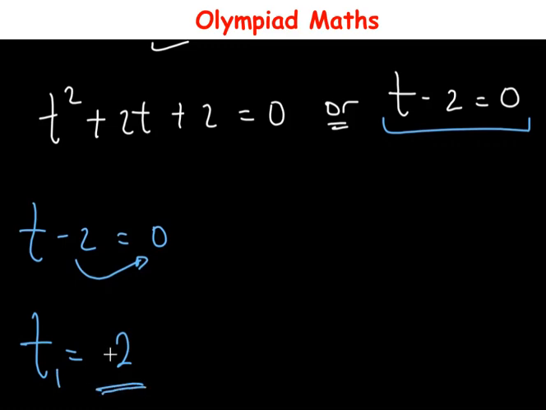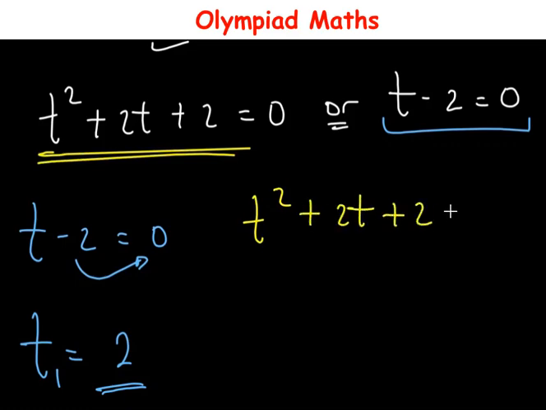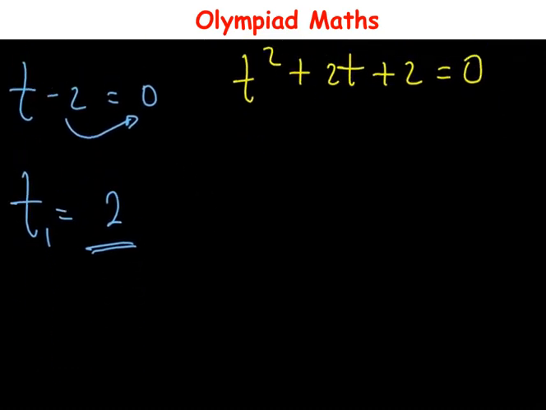Now we've gotten the solution of t as 2. Now let us solve for the other values of t from this other equation. So we have t squared plus 2t plus 2 is equal to 0. Looking at this, what we have is a quadratic equation. To solve for the value of t, we are going to make use of the quadratic formula.